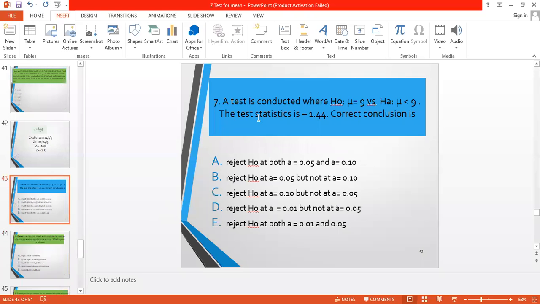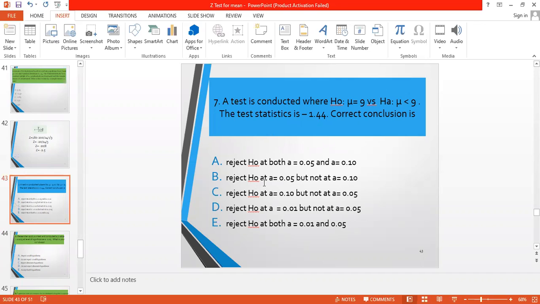A test is conducted where the null hypothesis is that the mean is 9 versus the alternate hypothesis that it is lesser than 9. The test statistic is minus 1.44. The correct conclusion is: reject the null hypothesis at both levels 0.05 and 0.10.